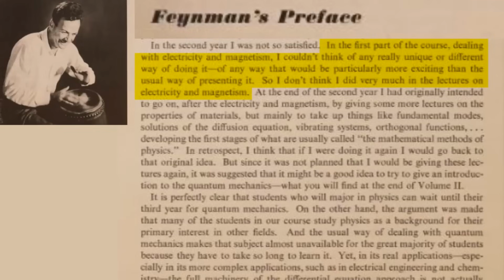That's where he outright denied he made any changes, writing, quote, "In the first part of the course, dealing with electricity and magnetism, I couldn't think of any really unique or different ways of doing it, of any way that would be particularly more exciting than the usual way of presenting it. So I don't think I did very much in the lectures on electricity and magnetism."